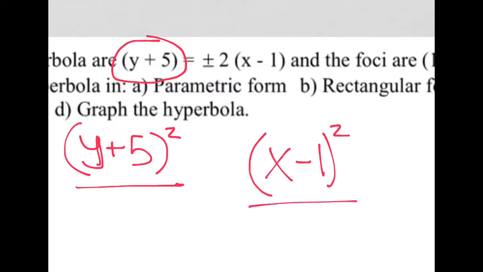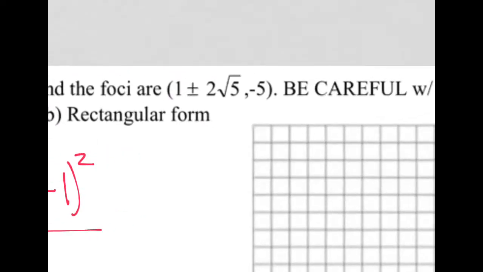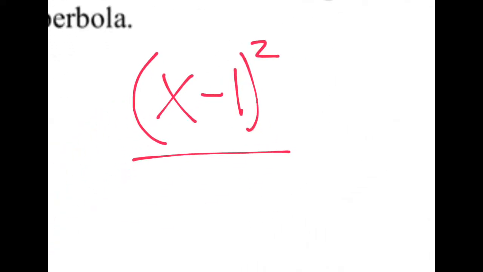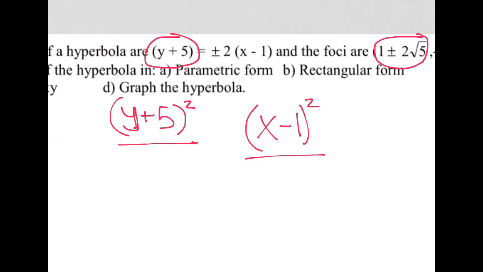Now, at this point, I don't know which one should be positive and which one should be negative. Remember that the positive one tells you the orientation of the hyperbola. So let's look over here at these foci. Notice that the x value is the thing that is changing for the foci. The y value is consistent, which means that this hyperbola is horizontal, which means that our x term needs to be positive.